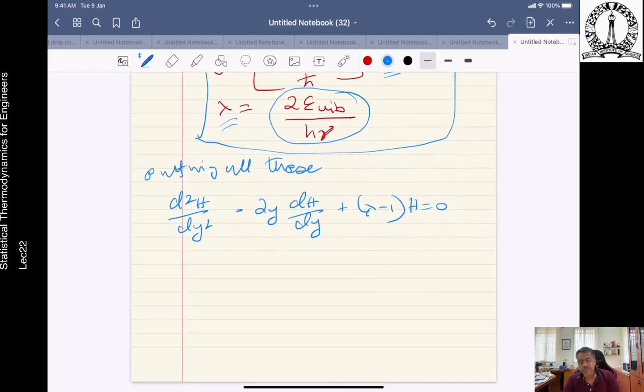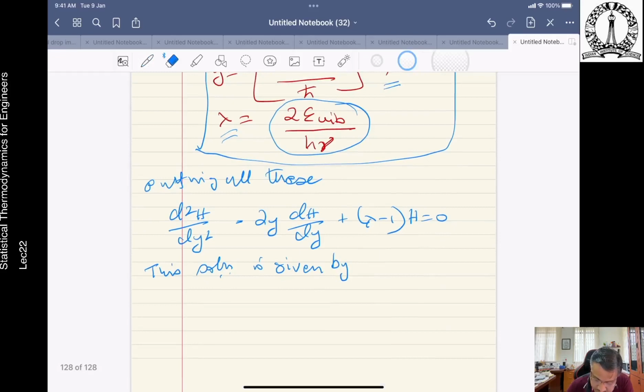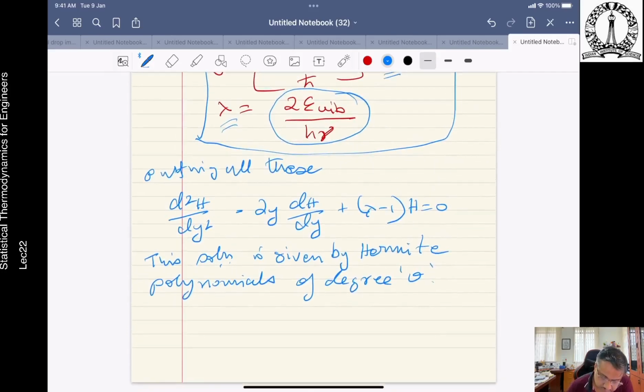This is the reduced form of the expression after we applied all the variable changes. The solution is given by the Hermite polynomials of degree v.